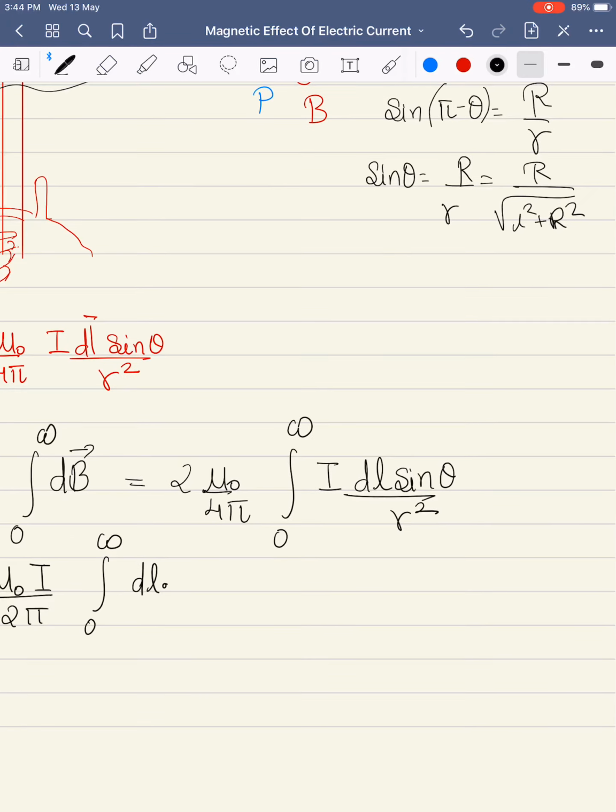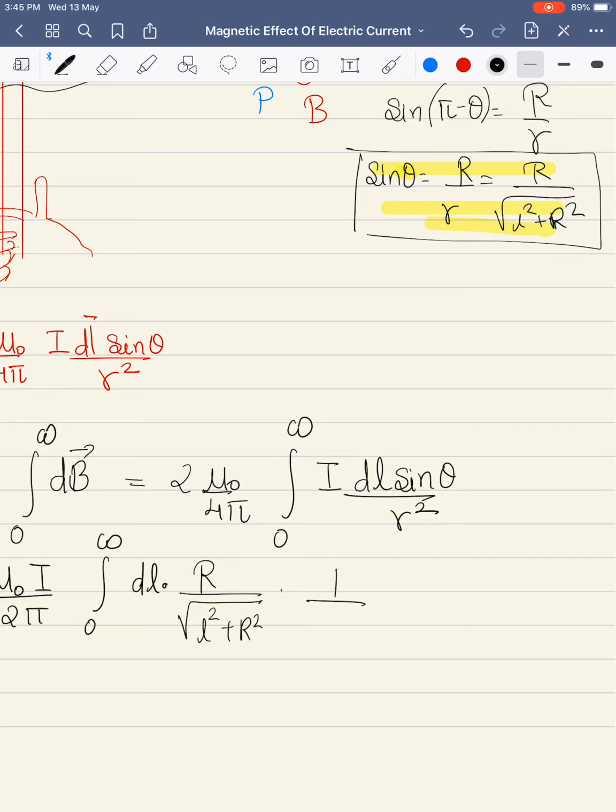Look over here. What is the value of sin theta? Sin theta is capital R by under root of r square plus L square. So I can say R by under root of capital L square plus r square, into, what is small r square? It is equal to L square plus r square. So L square plus r square also.